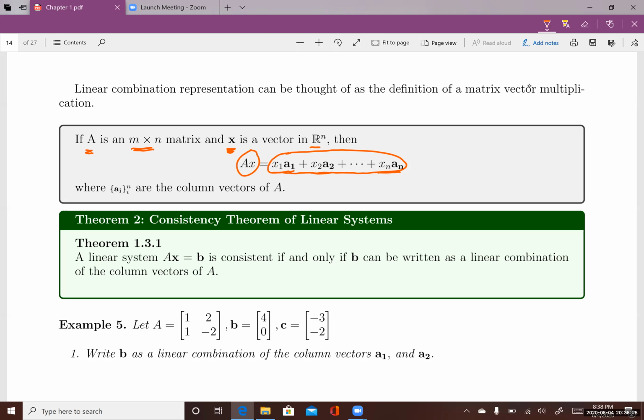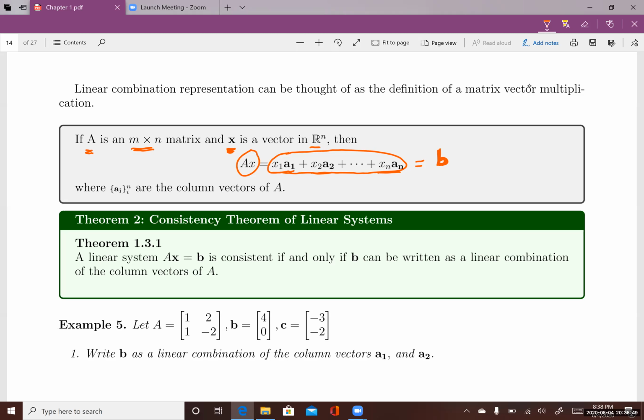So if x1A1 plus x2A2 plus xnAn equals B, well, B here should be a column vector as well.